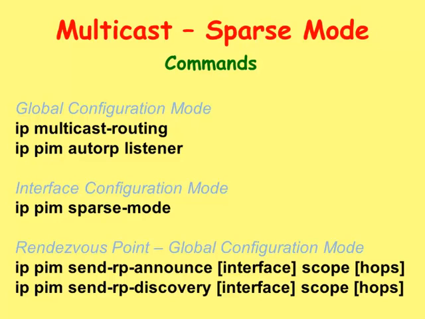Let's look at the commands needed to pass multicast traffic through the routers using AutoRP. In the global configuration mode, you will need to type in the IP multicast routing command that enables IP multicast on the router. The IP PIM AutoRP listener command actually is not a true listener.